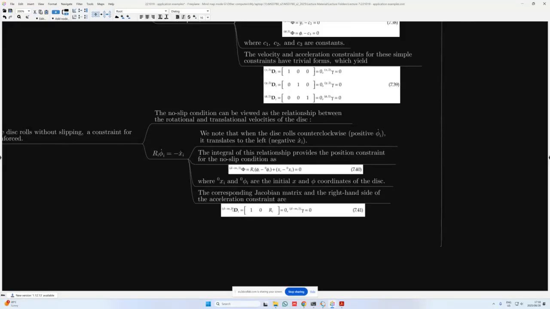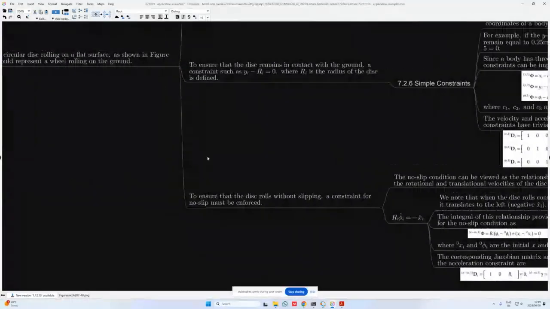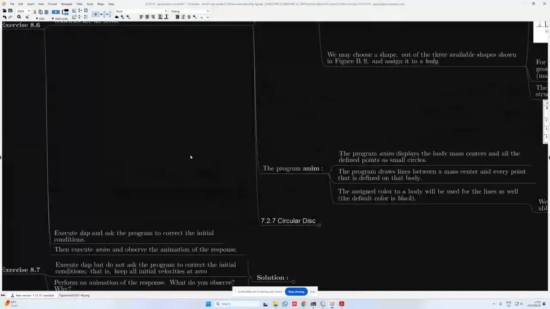In this case, the no-slip condition removes 1 degree of freedom from the system, and therefore adds 1 constraint to the system. Okay, and then the gamma is simply equal to 0 for the no-slip condition. Okay, so that is then just a brief overview of the circular disk.